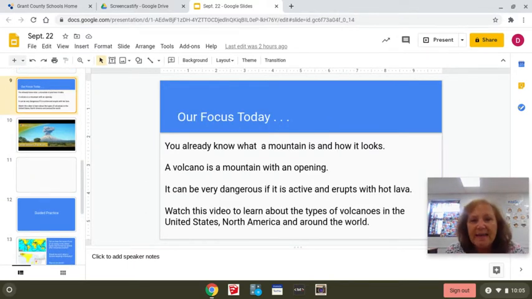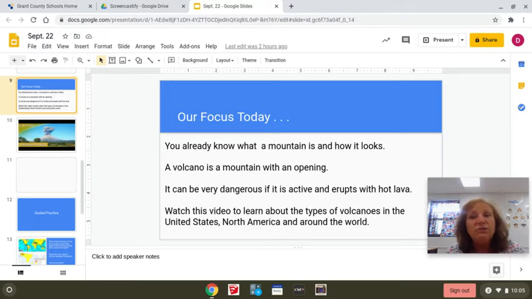Our focus today, you already know what a mountain is and how it looks. You've already learned about that landform. A volcano is a mountain with an opening. It can be very dangerous if it is active and erupts with hot lava. Now, not all volcanoes are active and erupt.